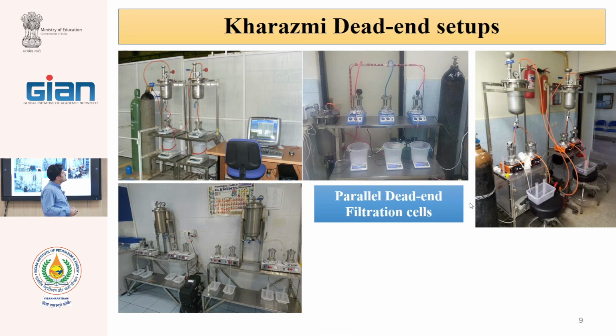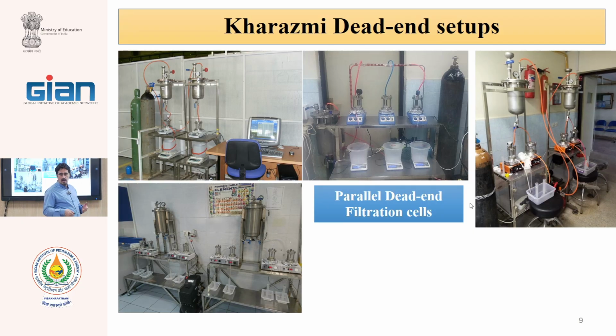These are my setups in Iran. Because the error of membrane tests is high, for reporting one data point we usually give the average of 6 tests of membranes. After doing the 6 tests, we give the average and report the data.